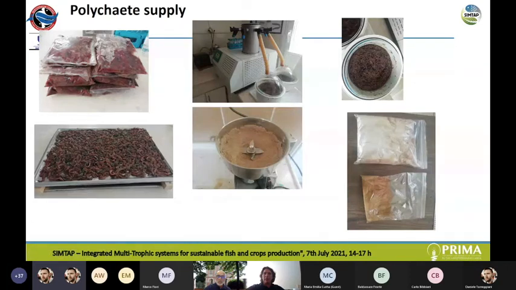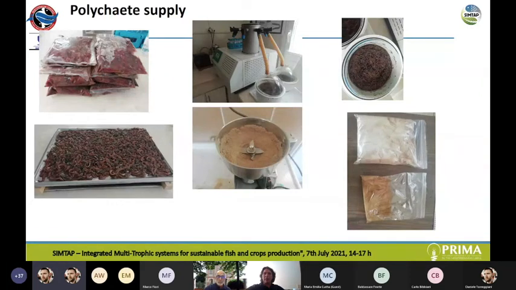Actually, we provided polychaetes from the Aegean Sea region of Turkey in different batches, and some batches arrived as frozen, as you see in the picture.